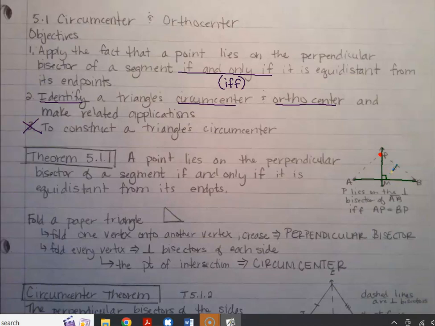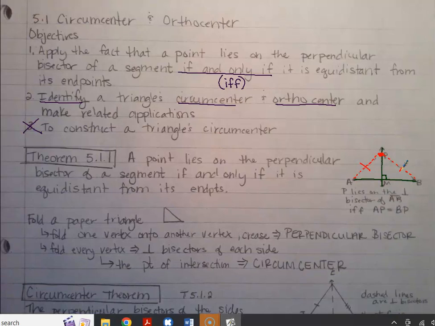Okay, so P lies on this perpendicular bisector if and only if AP is congruent to PB. That's the only way. Okay, they have to be equidistant.